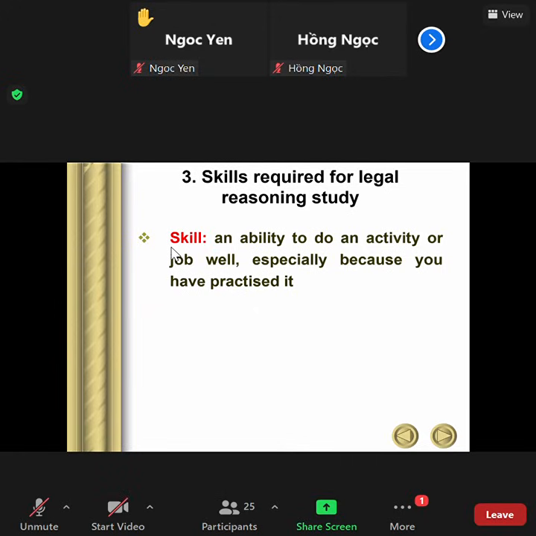Critical thinking skill is broader than analytical skills. It means that critical thinking skill includes analytical skills, analysis capacity, okay? So what else?